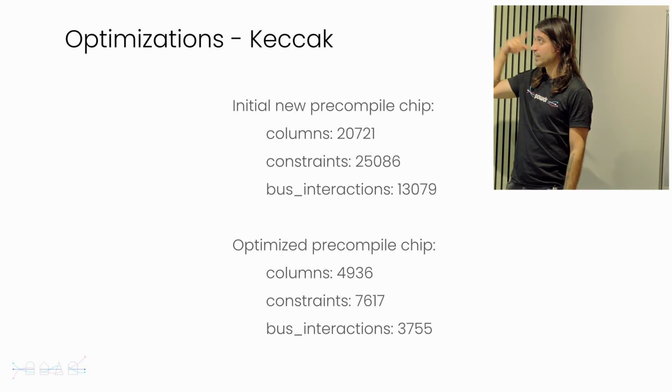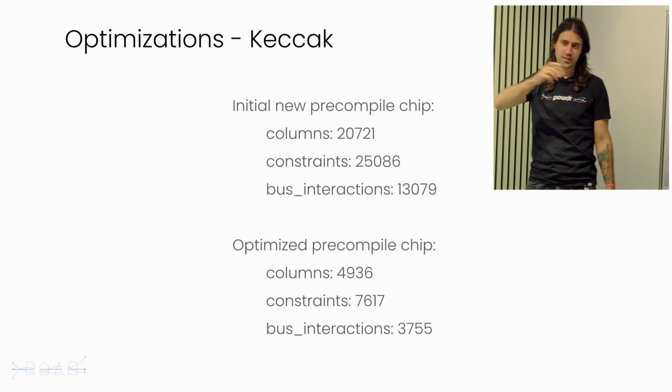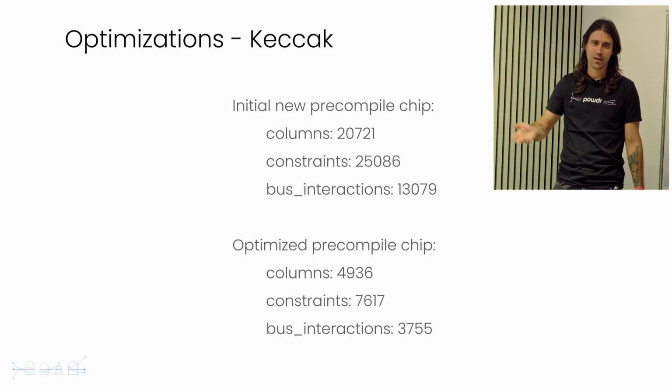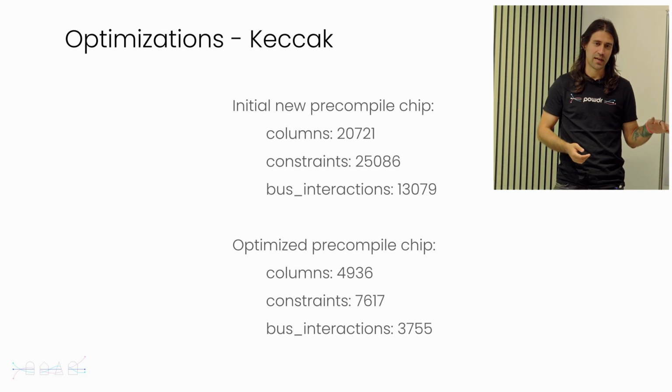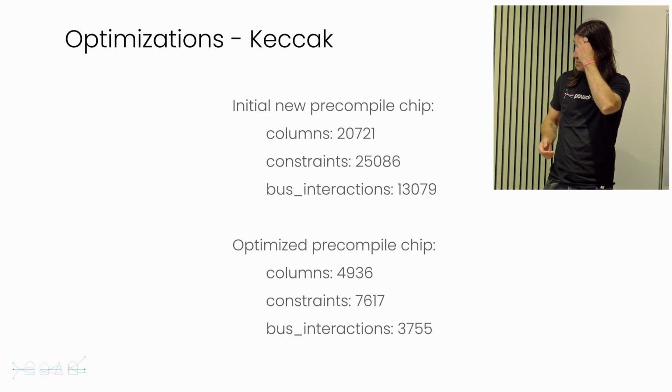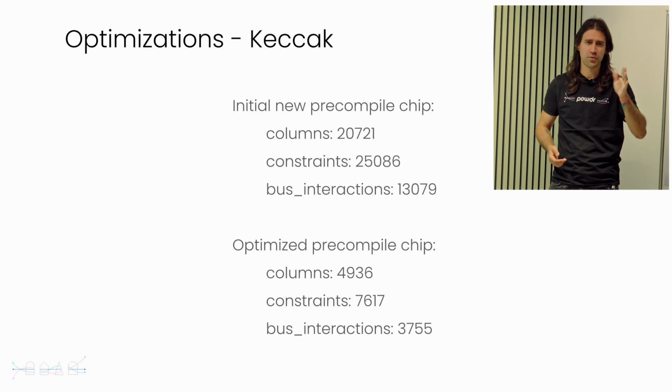So the initial chip has 20,000 columns, which is an insane number of columns for a chip. For reference, the manually written Keccak has about between 2 and 2.6 thousand columns.